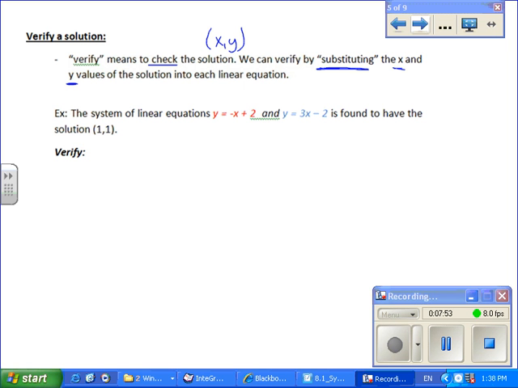And what we would like to see is that the answer that we get must be valid. In other words, we must get a true statement. So let's go ahead and do this so that you can see what I mean.